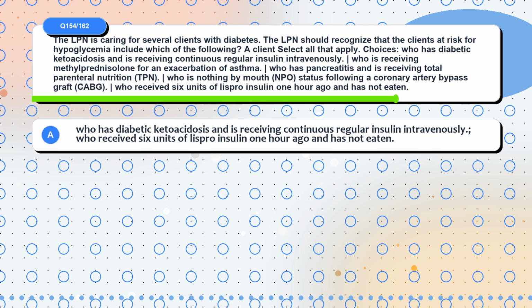Here are the options. Option A: who has diabetic ketoacidosis and is receiving continuous regular insulin intravenously, who received 6 units of Lispro insulin 1 hour ago and has not eaten.